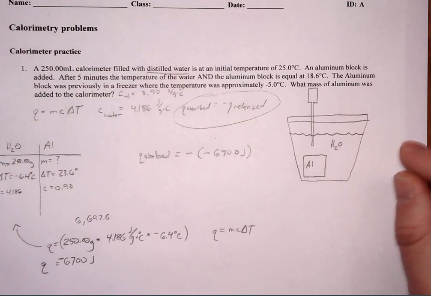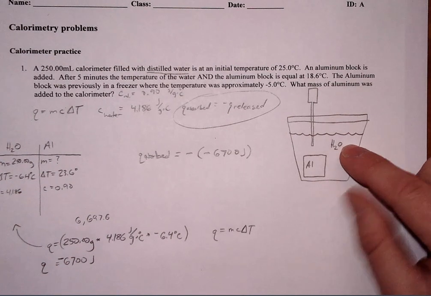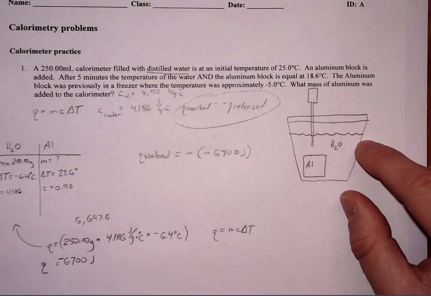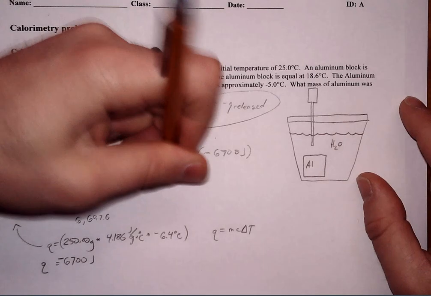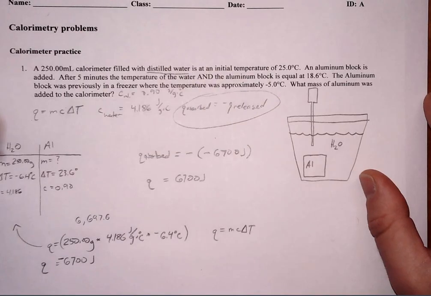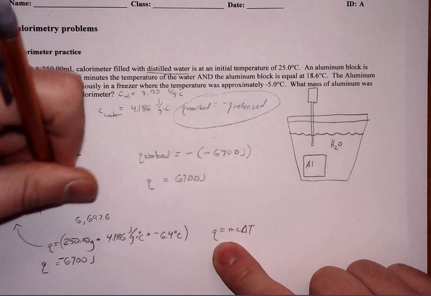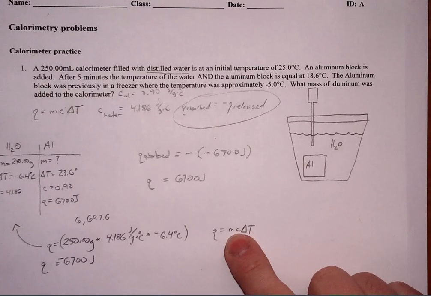Since the aluminum was initially at a lower temperature, heat will spontaneously flow from high to low, so the heat or energy was going into the aluminum. And so I'm going to know that my Q is really a positive 6700 joules. And so now that I have my Q value, I can easily find M.